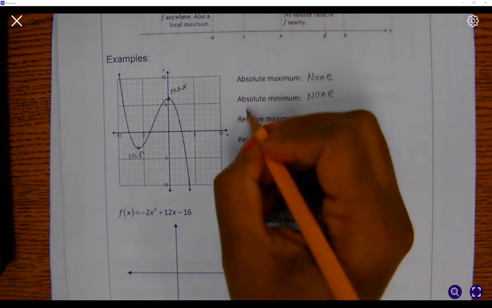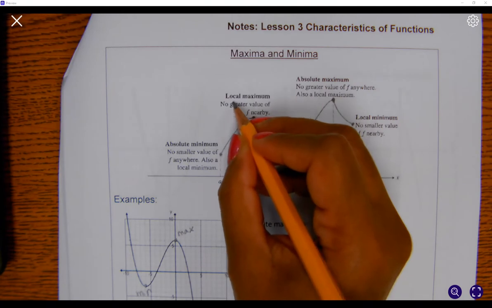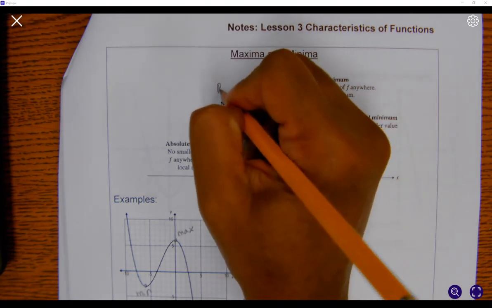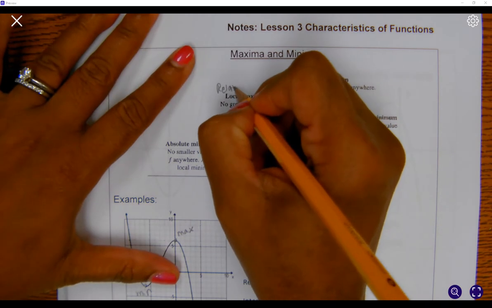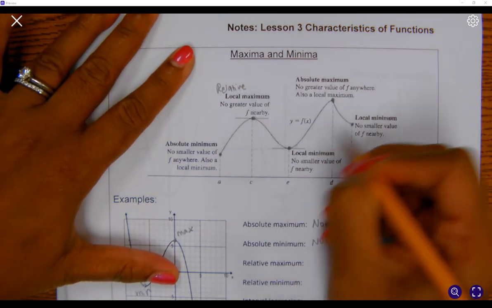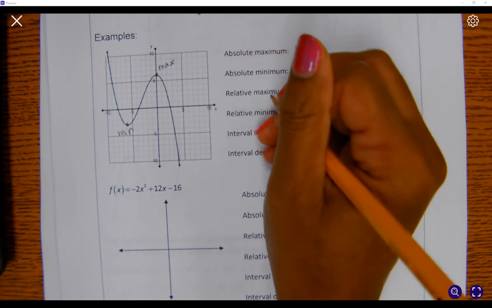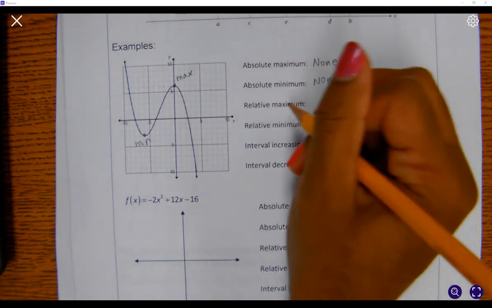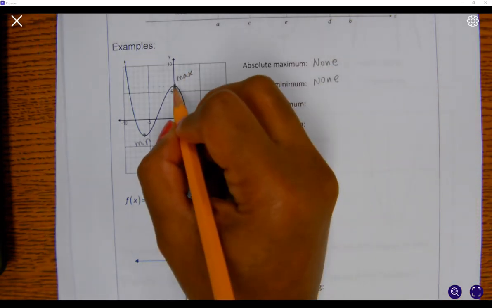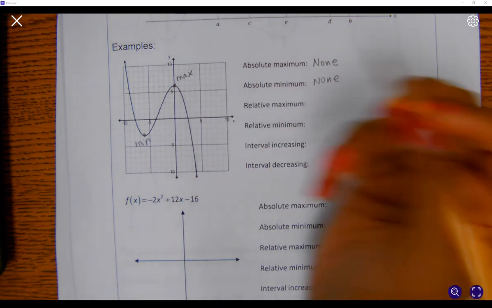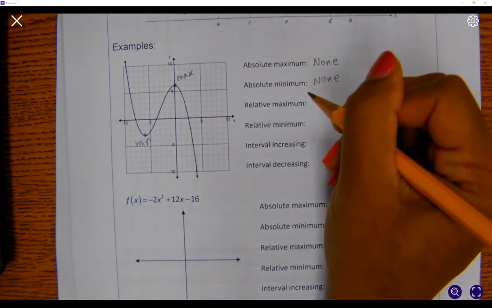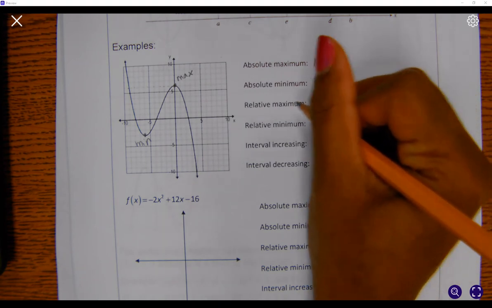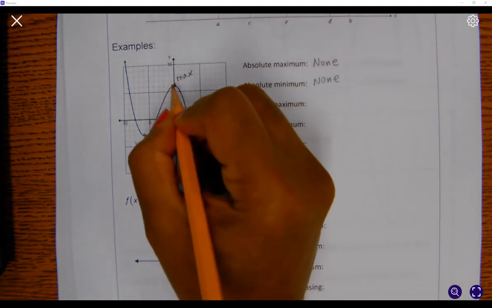Relative is another way to say local. So we say local or we say relative. This is also relative, this is also relative. So relative maximum is right here. When we're giving the value, we give it on the y-axis.